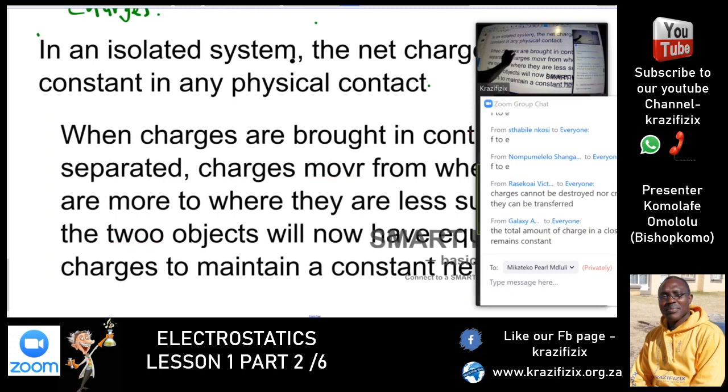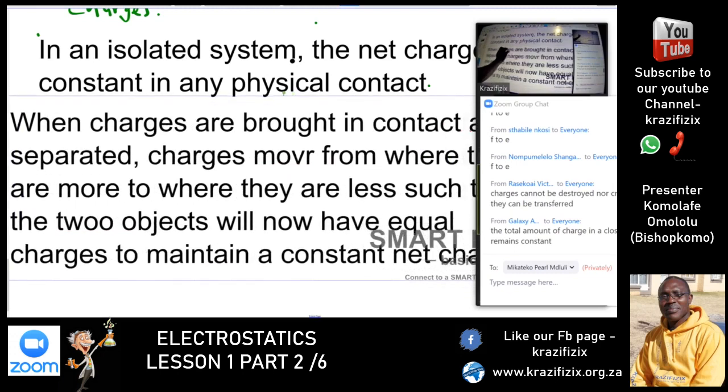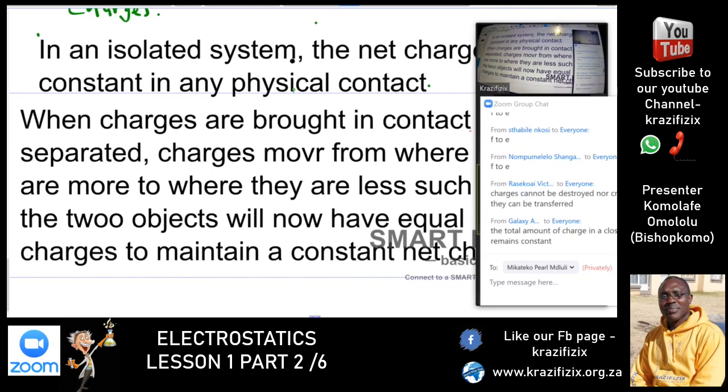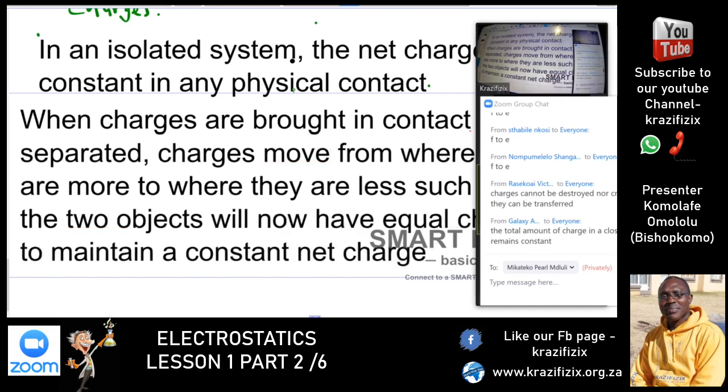When charges are brought together in contact and separated, charges move from where they are more to where they are less, such that the two objects now have equal charges to maintain a constant net charge.